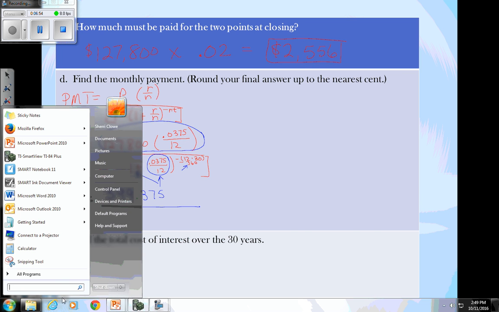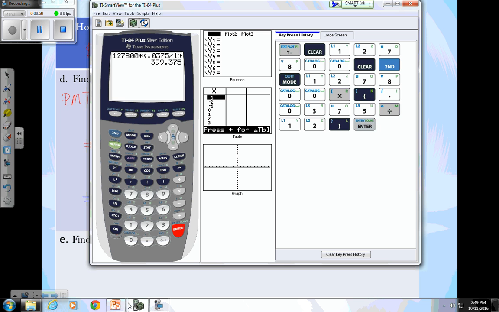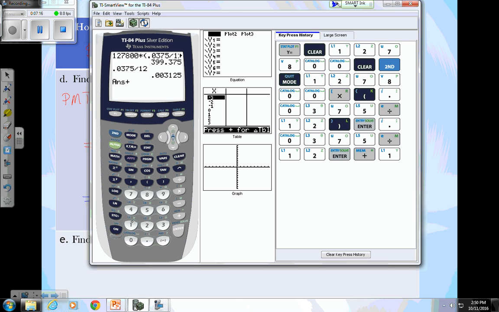Now I'm going to go back to my calculator. This denominator is the tricky part. I always start with 0.0375. I divide that by 12, and then I hit enter. That is your decimal for that fraction. Now I'm going to add that to 1 to get the 1.003125.